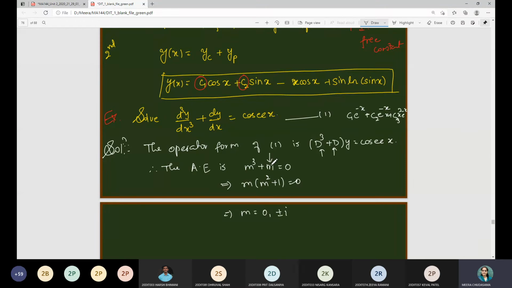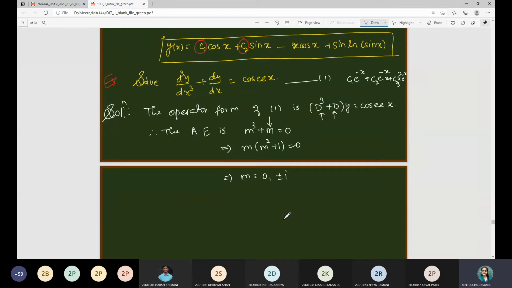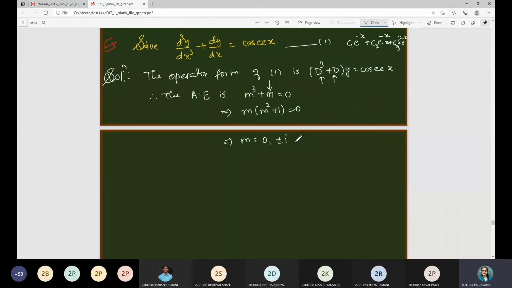Harsh, you made a mistake over here. Yes, ma'am. So now these three roots are distinct, in which one is real and two are a conjugate pair. Corresponding to 0, what will be the function I have to choose? C1 e raised to 0 into x, since 0 is one of the roots. This is m1, m2 and m3: m1 is 0, m2 is i, m3 is minus i.